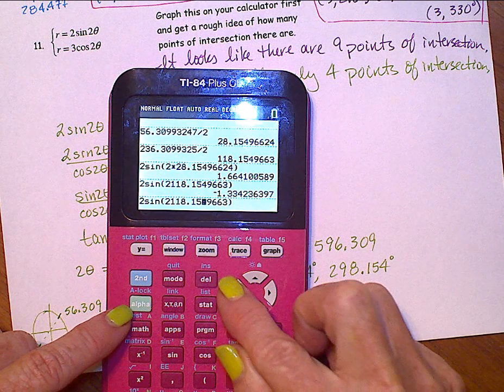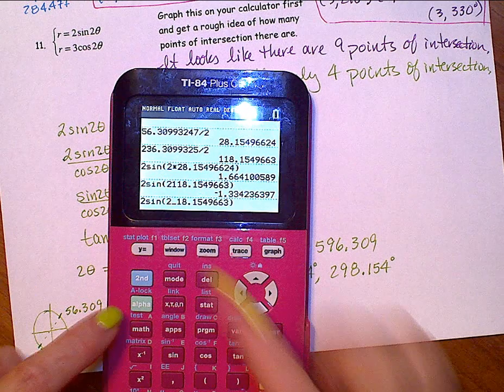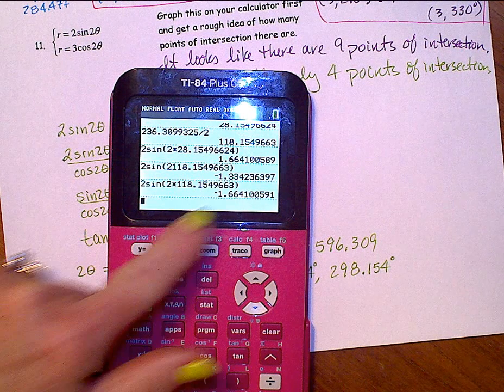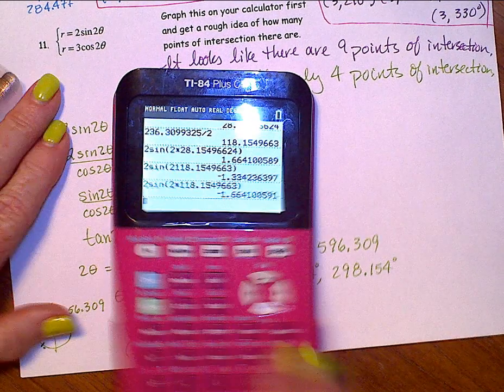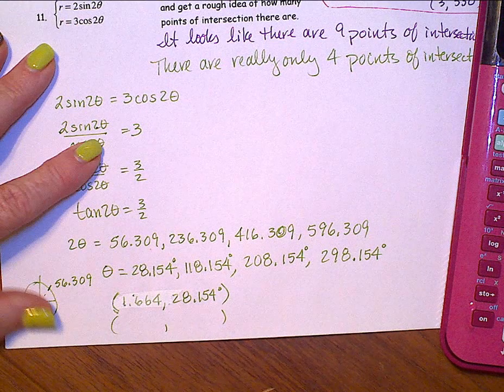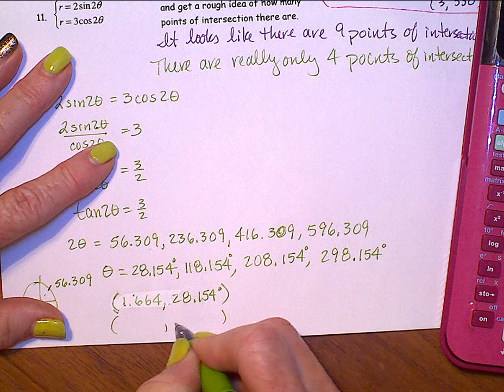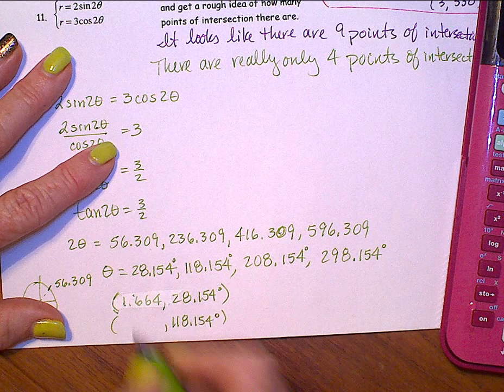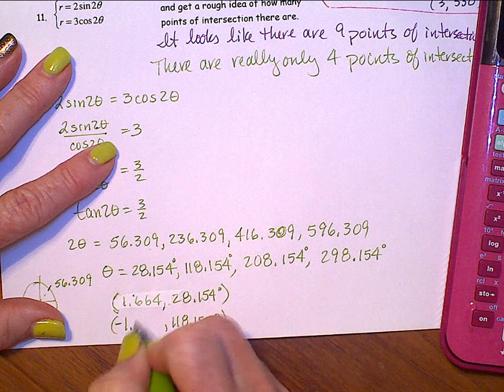I'm going to go back and insert a times. 2 times 118. There we go, negative 1.664. So 118.154 degrees gives us negative 1.664.